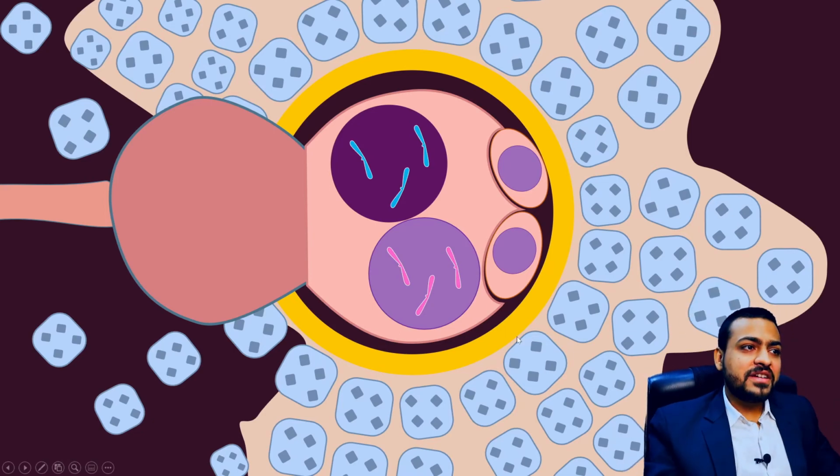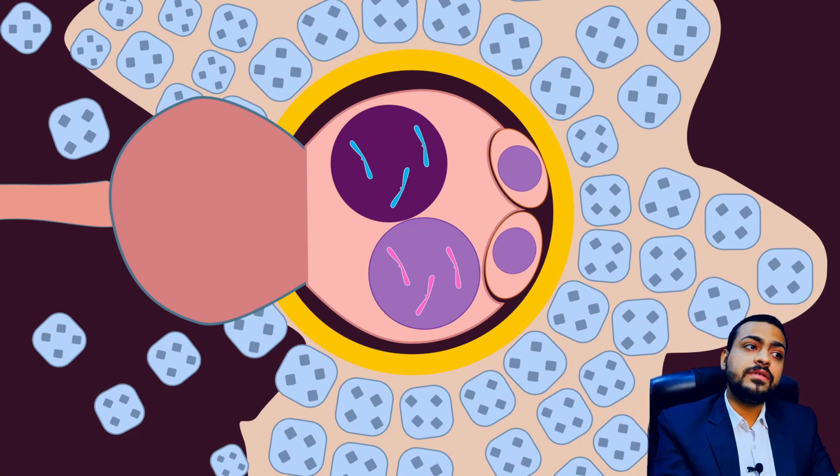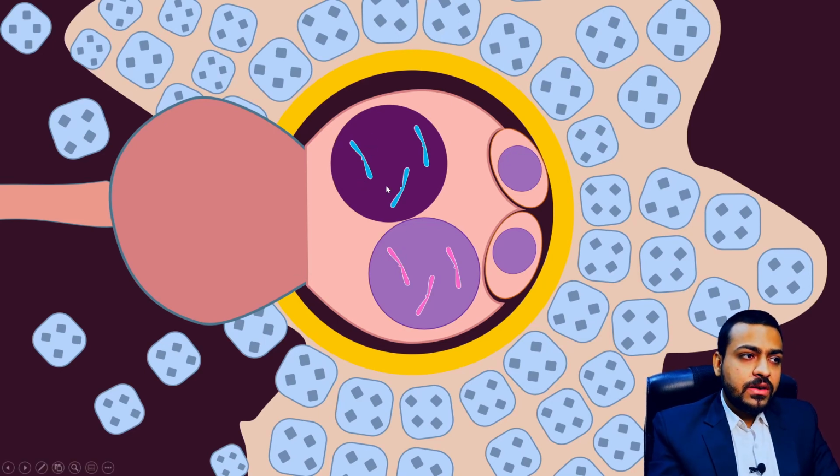Why do you think it actually swells up? The female nucleus also swells up. What is the reason? Yes, what do you think? The reason is that it now has single chromatids.